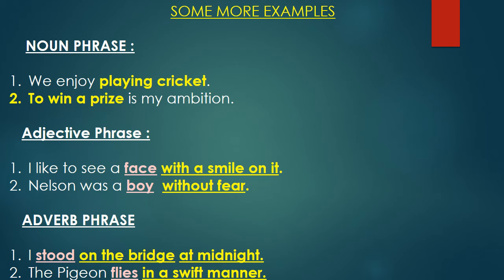So it tells what type of face I like, with a smile on it. So it is an adjective phrase. Next one is, Nelson was a boy without fear. What kind of boy was Nelson? Boy is a noun. Without fear. So it is an adjective phrase.